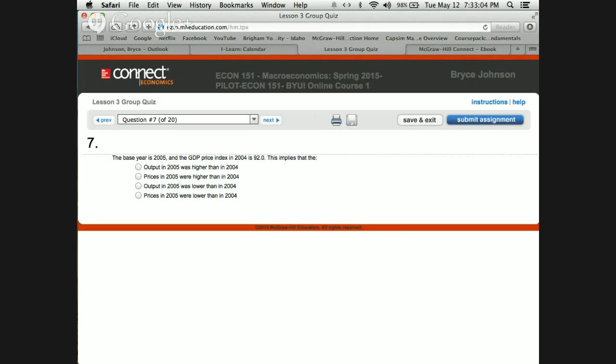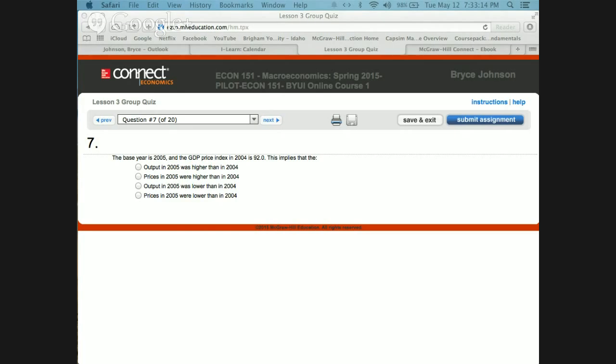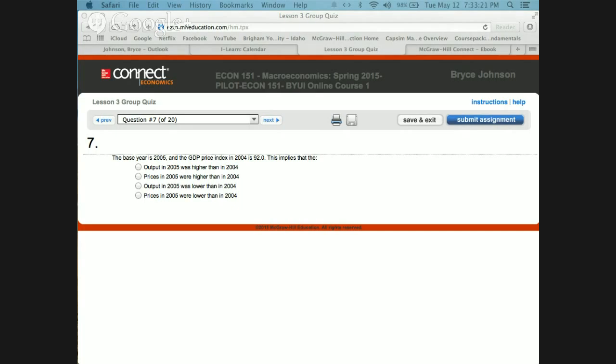Then number 7: the base year is 2005, and the GDP price index in 2004 is 92.0. This implies that I put the output in 2005 was higher than in 2004, the first option. Well, actually, it'd be price. It wouldn't be output, it would be price. Prices, yep. It would be the second option, wouldn't it?